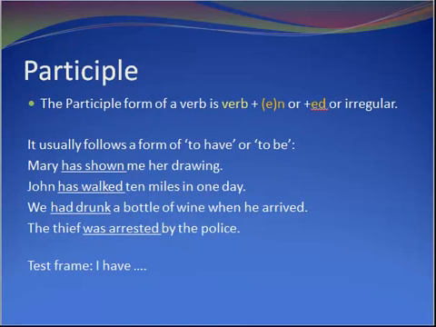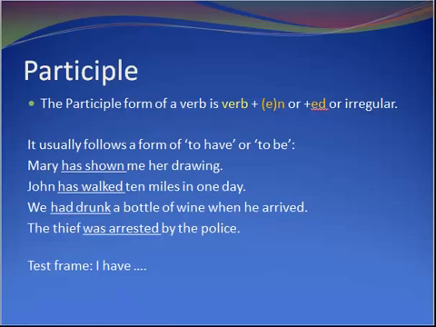As I said before, the most complicated of the non-finite forms is the participle form, because it can take different forms. It can be en or ed at the end, or it can be a completely irregular form. And it usually follows a form of the verb to have, and sometimes of to be.